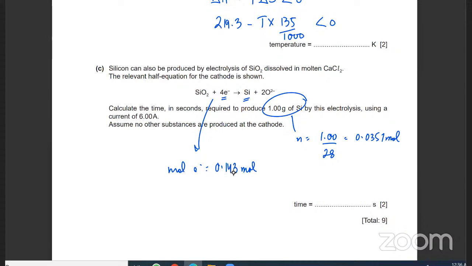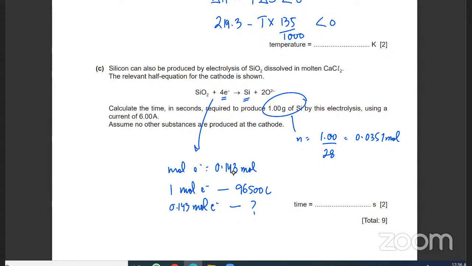So once you have the moles of electrons, you can figure out the charge by using the Faraday constant, because 1 mole of electrons has a charge of 96,500 coulombs. So if you have 0.143 moles of electrons, then what is the charge? 13,785.